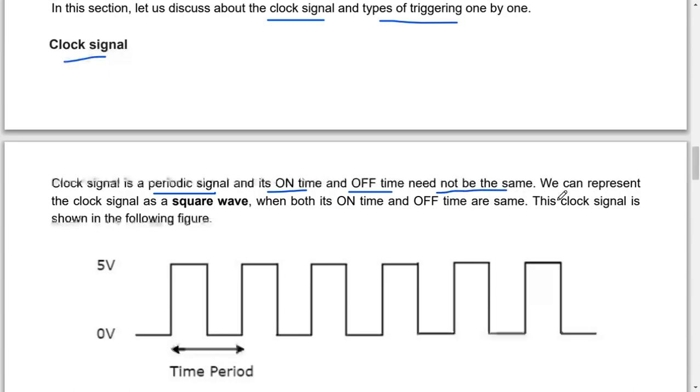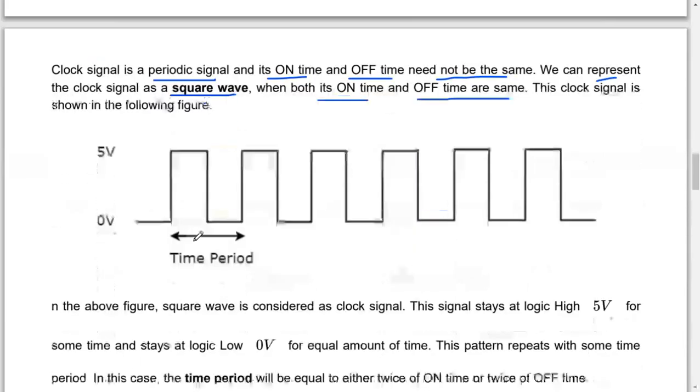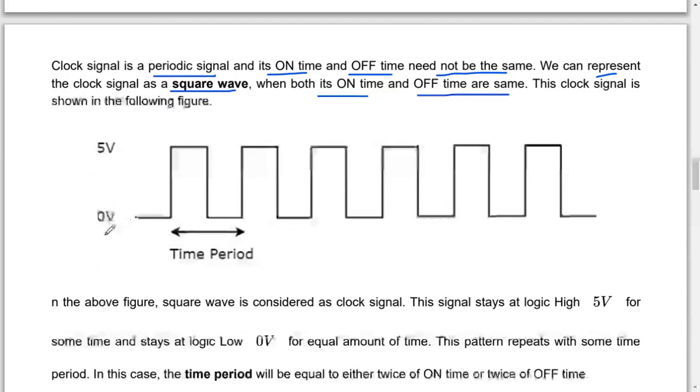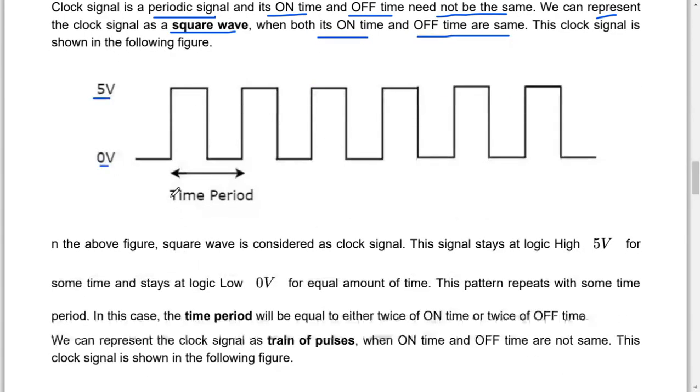We can represent the clock signal as a square wave when both its on time and off time are the same. The clock signal is shown in the following figure. 0 volts, 5 volts. This is on, off, on, off. This is the time period.